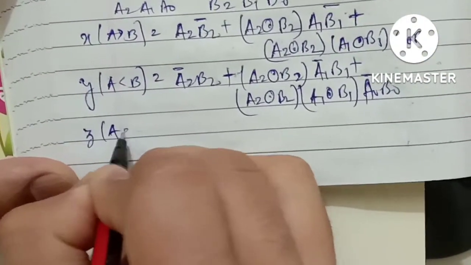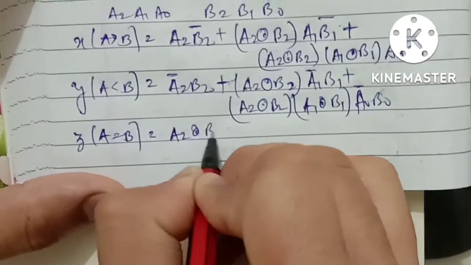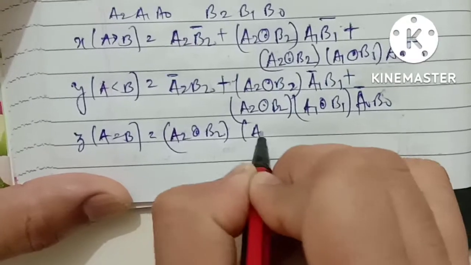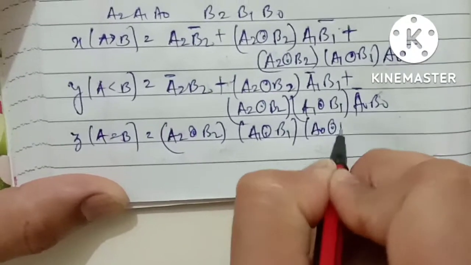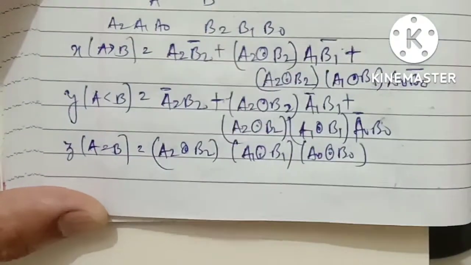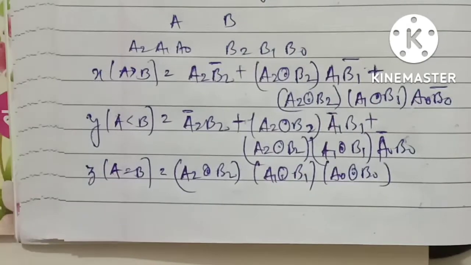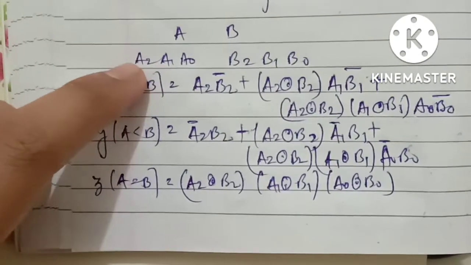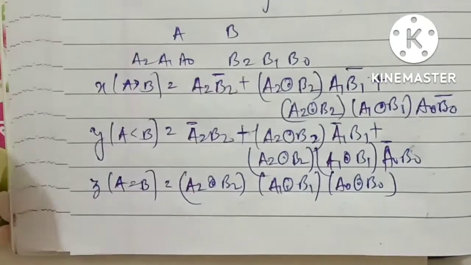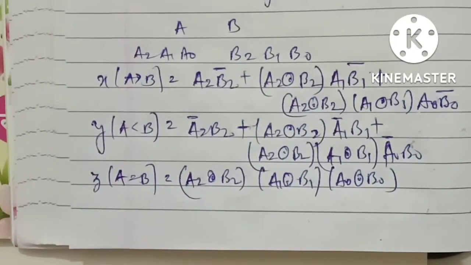Then z, equal to, you need to write a2 xnor b2, a1 xnor b1, a0 xnor b0. So this is the shortcut. Directly you can write it. No need to draw the truth table or anything. Just write which bit is there, confirm, and straight away you can write the equation.